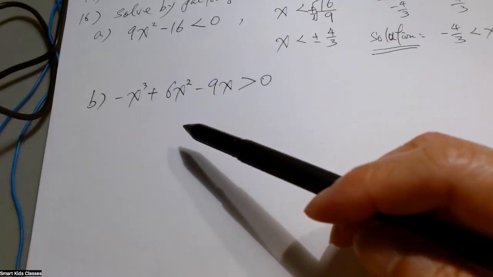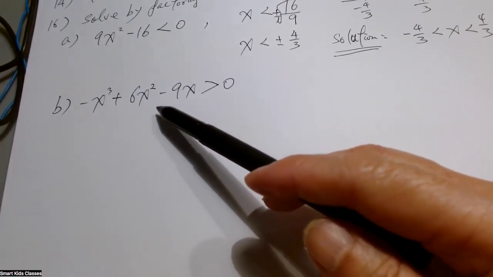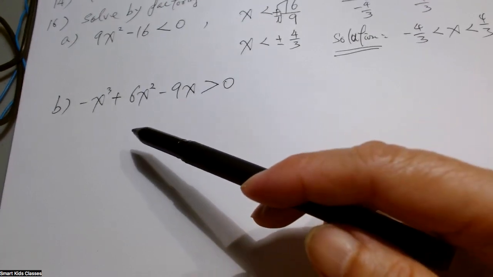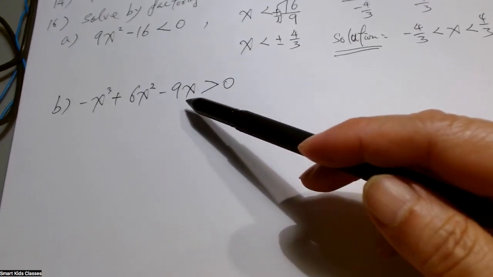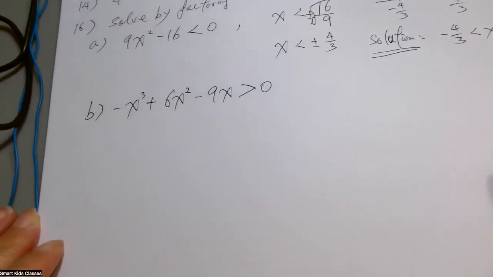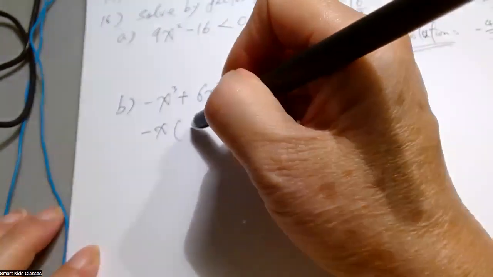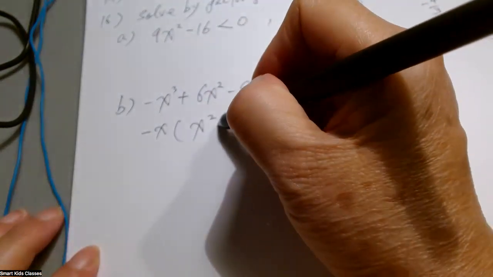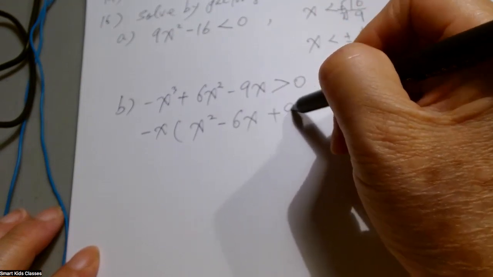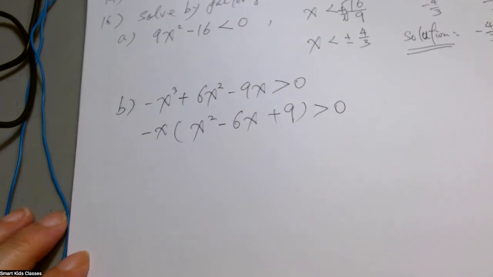Now 16b, the inequality is -x exponent 3 minus 6x exponent 2 minus 9x is larger than 0. So you can see, you can factor x. We're going to factor the negative sign too. So I will move my paper here. Factor -x. I'm going to have x exponent 2 minus 6x plus 9 larger than 0.